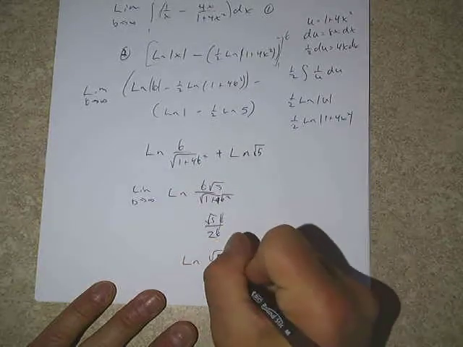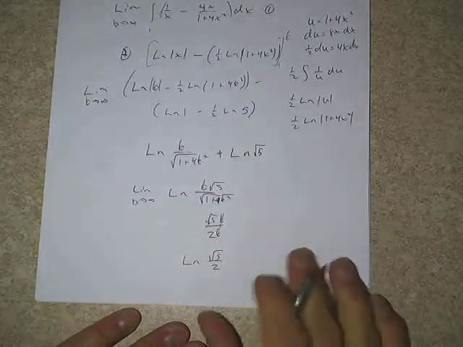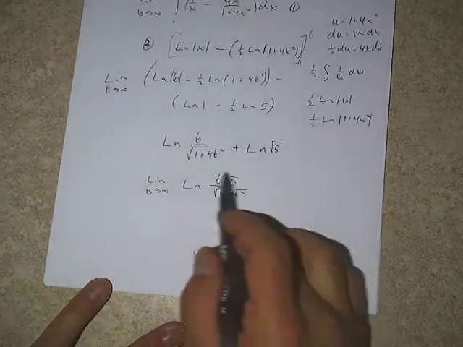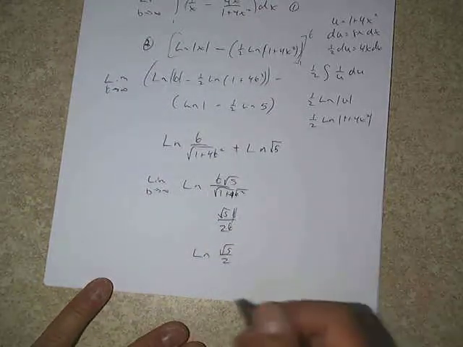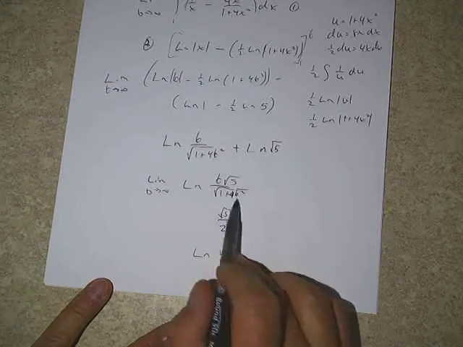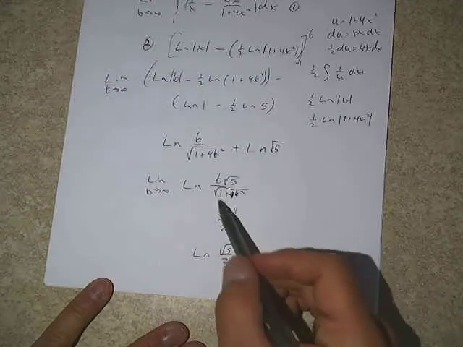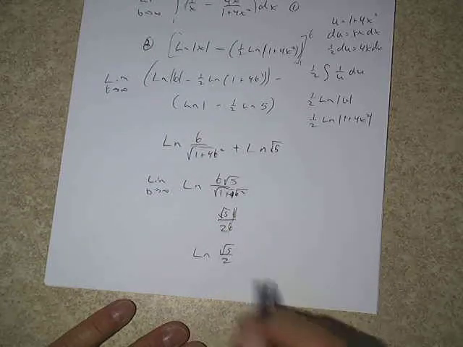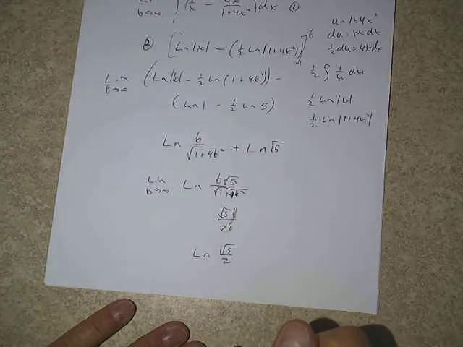So what's it really going to behave like? It's really going to behave like 2b. And what's this function going to behave like? Radical 5b. Okay. And so ultimately, what am I going to get here? The b's are going to cancel out and we're left with the natural log of radical 5 over 2.